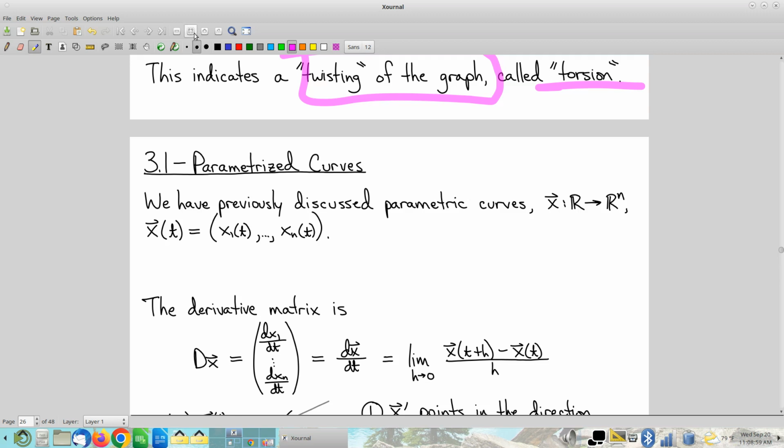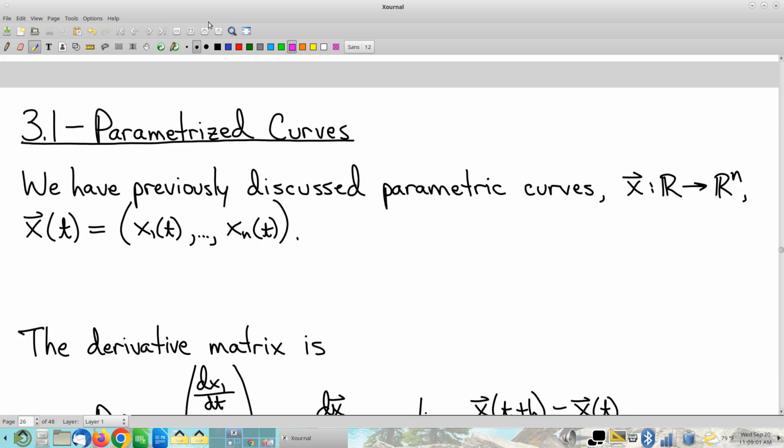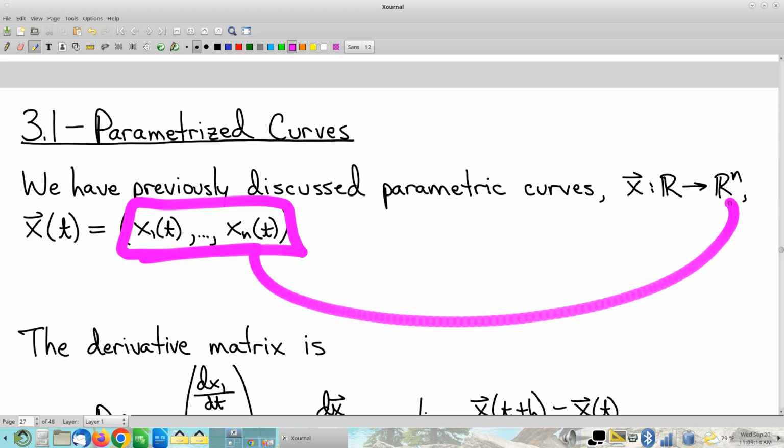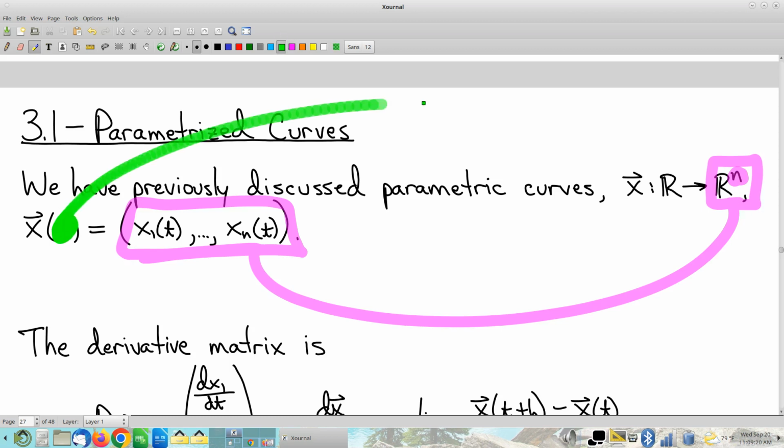Remember parametric curves. Position is a function of time. Notice this is a function that has n output variables, but only one input variable. So t is the only input variable, and then there are several output variables, x1 through xn.